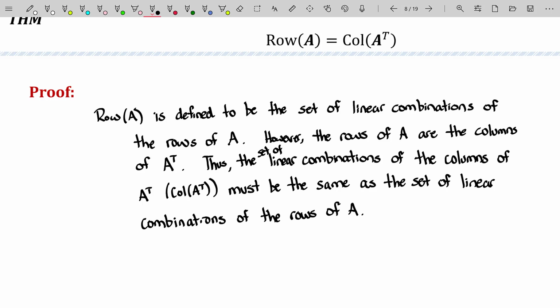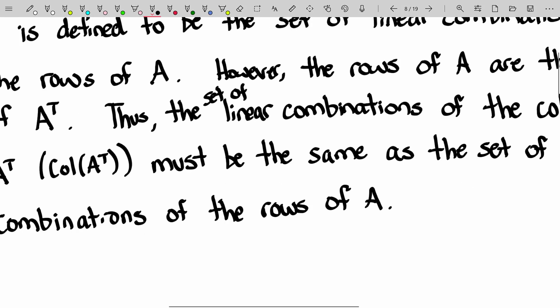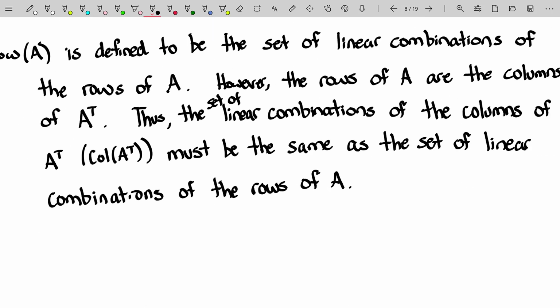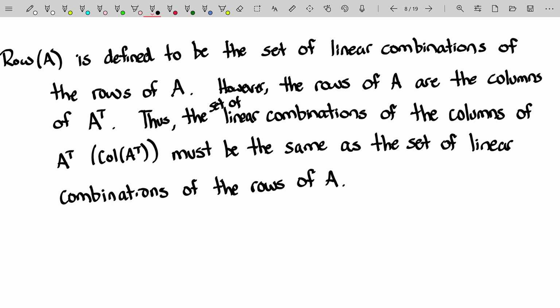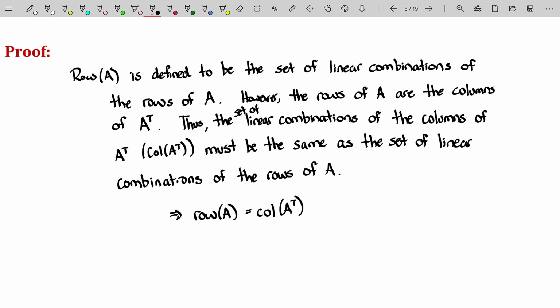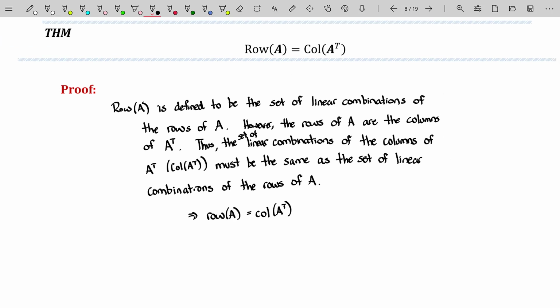Thus, the set of linear combinations of the columns of A transpose, which is also known as the column space of A transpose, must be the same as the set of all linear combinations of the rows of A. Because the rows of A are the same as the columns of A transpose, the span of those two sets is going to be the same set, and so the row space of A has to match the column space of A transpose.